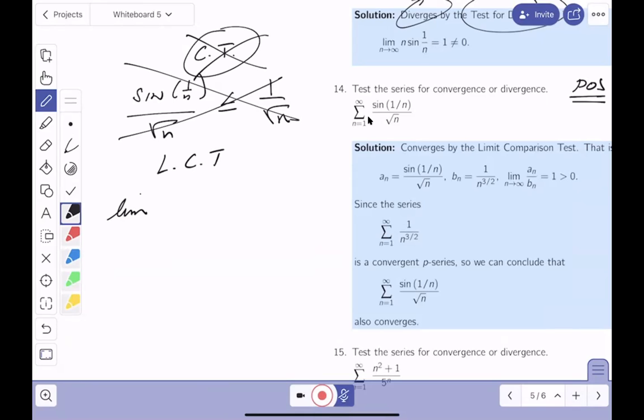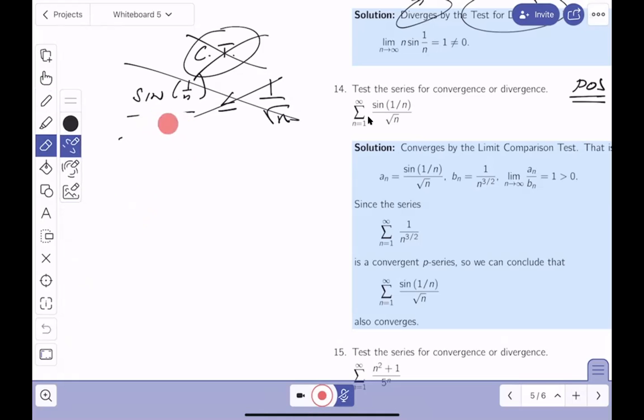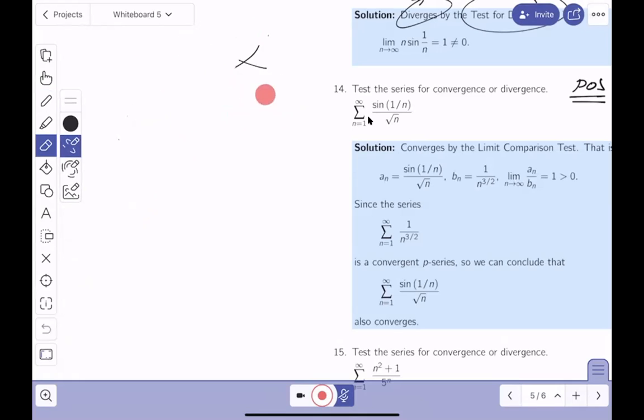So the limit comparison test then goes to infinity. That's not going to work out either. Let me erase. That was a good try. I keep thinking about it. I don't want to use 1 over root n.